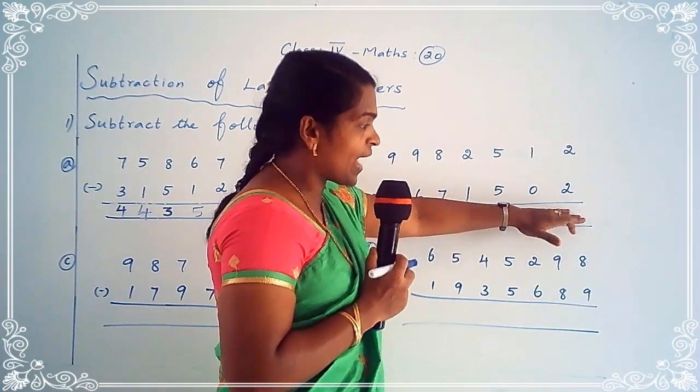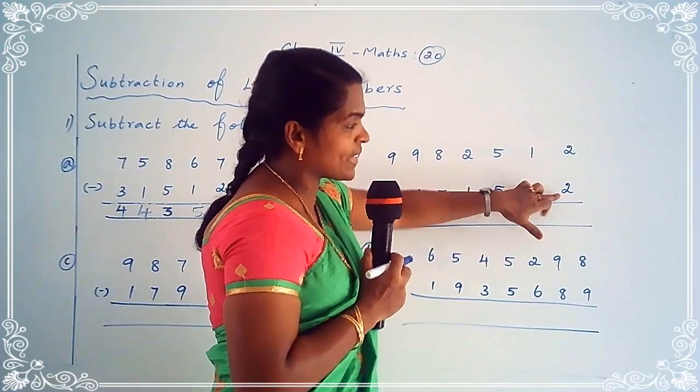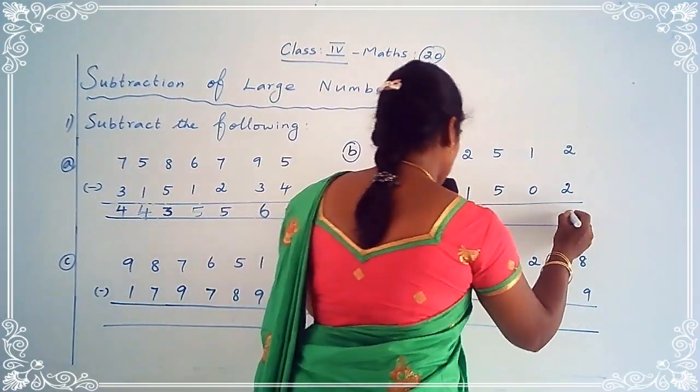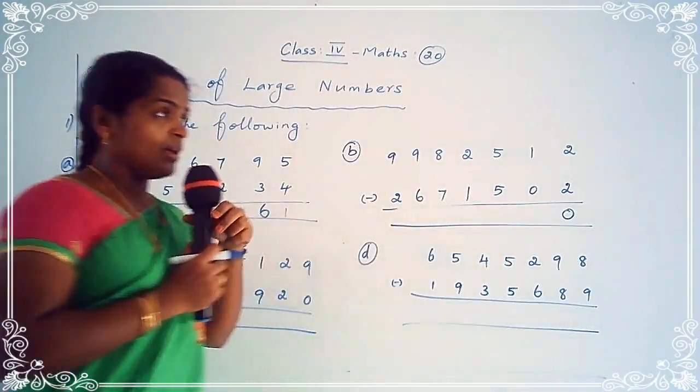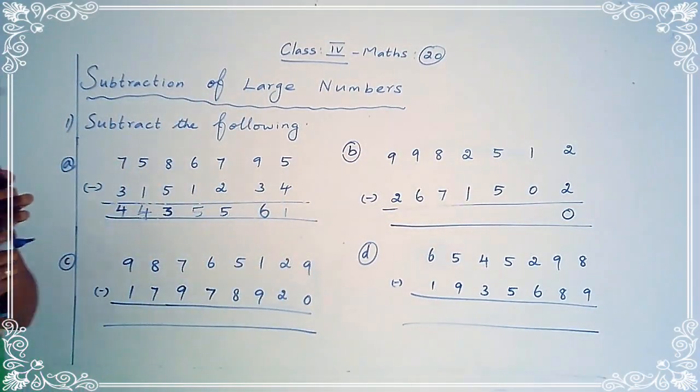Difference means the answer of a subtraction is called the difference. So 2 minus 2 is equal to 0. If your minuend and subtrahend are the same, your answer will be 0. Okay children, clear? Yes. So 2 minus 2 is equal to 0.